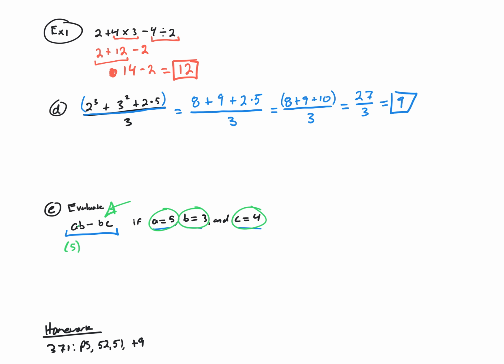AB means multiply. B is 3, minus B, which is 3, times C, which is 4. And then I go through my order of operations. I'm going to do multiplication before I do the subtraction. So 5 times 3 is 15, minus 3 times 4, which is 12. So 15 minus 12 is 3.